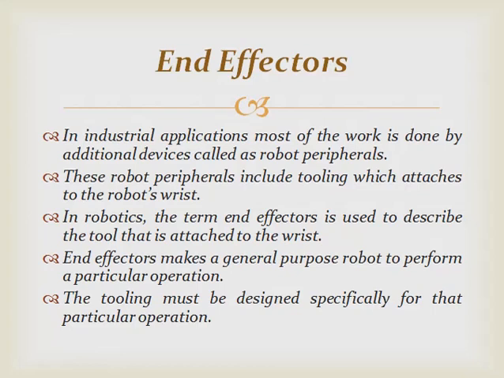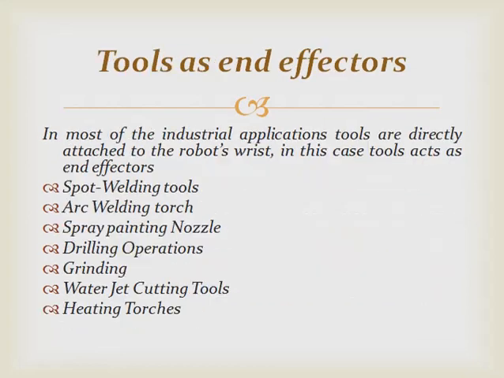The tooling must be designed specifically for that particular operation. Depending upon the task you are going to perform, the tooling must be designed. In most industrial applications, tools are directly attached to the robot's wrist. In this case, the tools act as an end effector.